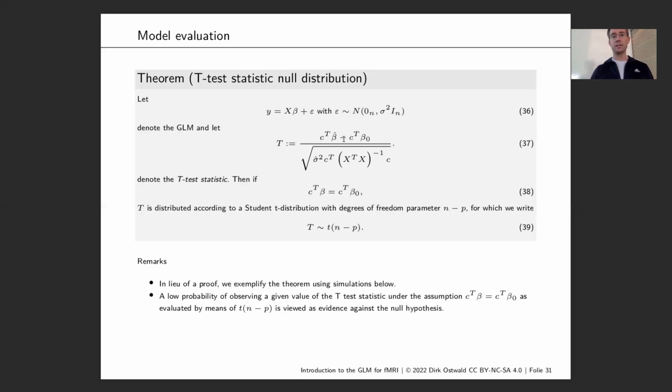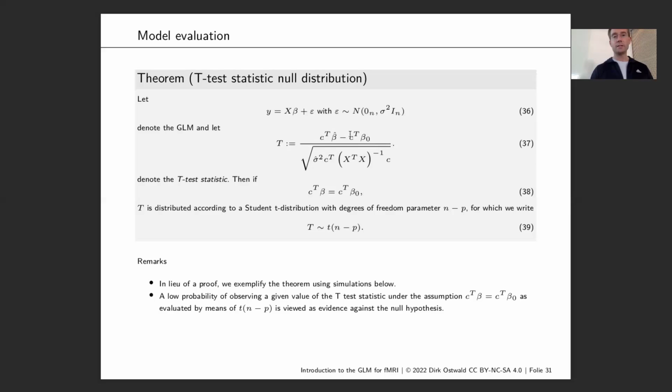I call this here now the t-test statistic, because we subtract from c^T beta hat, we subtract c^T, that's the same c, of course, a hypothesized parameter value, beta 0, that we can say is 0. So then we would call that the nil hypothesis. That's like assuming in a one sample setting that the true population mean is 0, but you know that that's not the only null hypothesis you can test. You can also test the null hypothesis that the true population mean is 2 or something, and that then would be a beta 0 of 2.